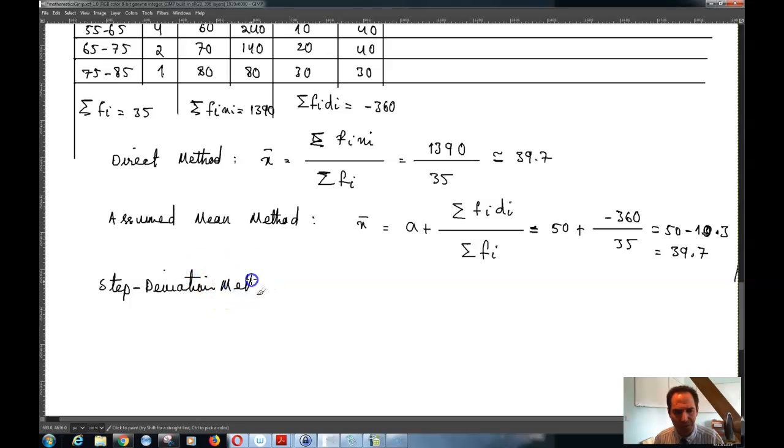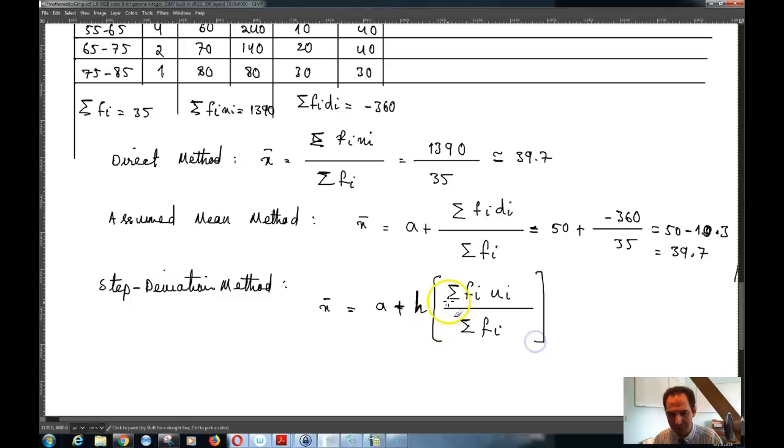The step deviation method was x bar is equal to a plus h times sigma f of I u of I over sigma f of I. So now my h is, of course, my class size, which I know is 10.